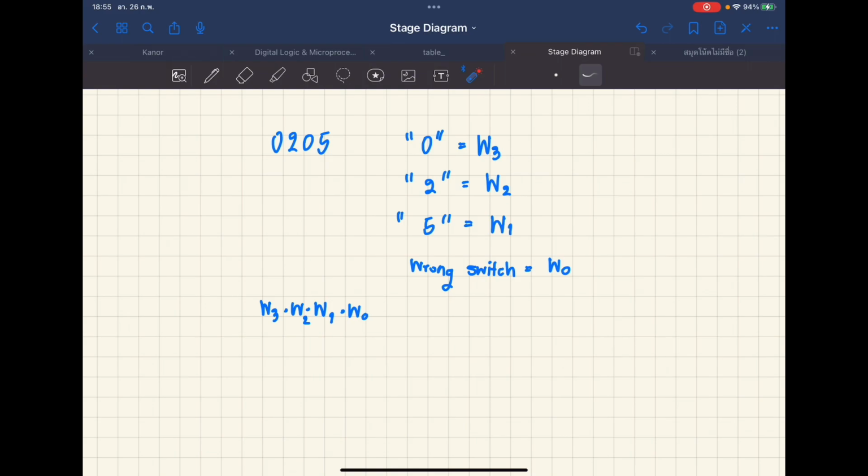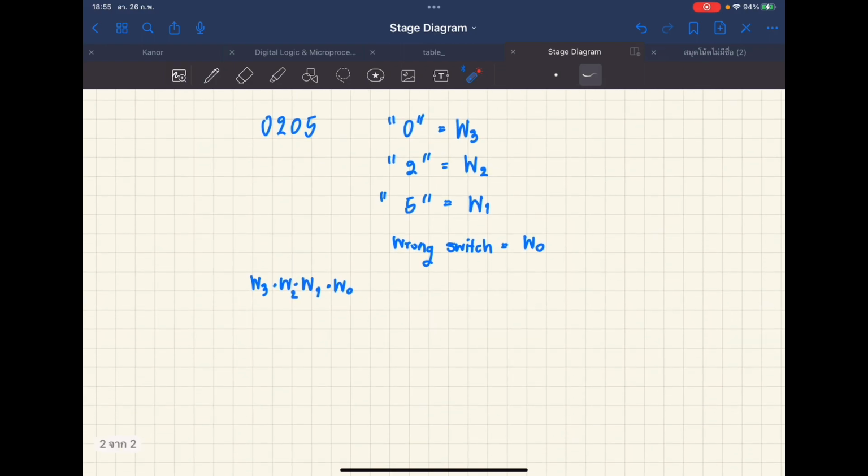We have to AND every input, so we can check that every input is correct.